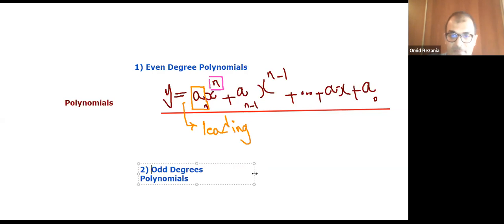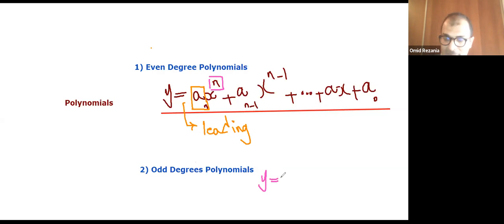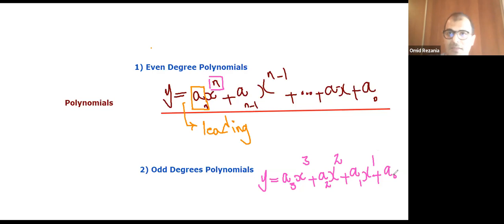When we have odd degree polynomials, in our example we have, let's say, for example, if n is going to be 3, a function like y equals a_3 x to the power 3 plus a_2 x to the power 2 plus a_1 x to the power 1 plus a_0.